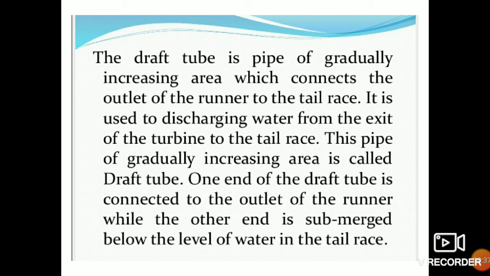In a reaction turbine, the water after doing work in the runner passes onto the tail race through a tube called the draft tube, which is a welded steel plate pipe or a concrete tunnel having gradually increasing cross-sectional area towards the outlet. The draft tube connects the runner exit to the tail race.